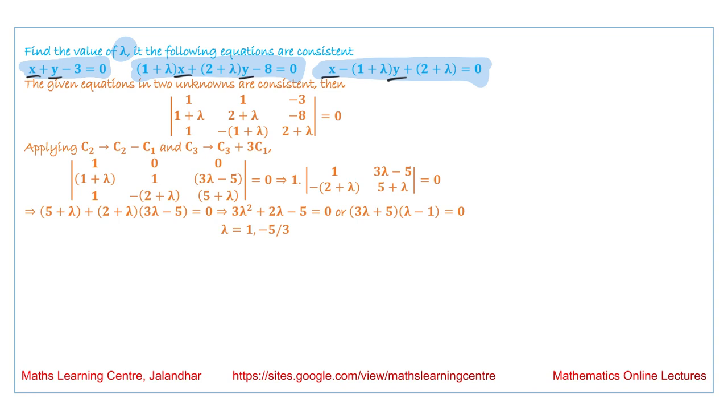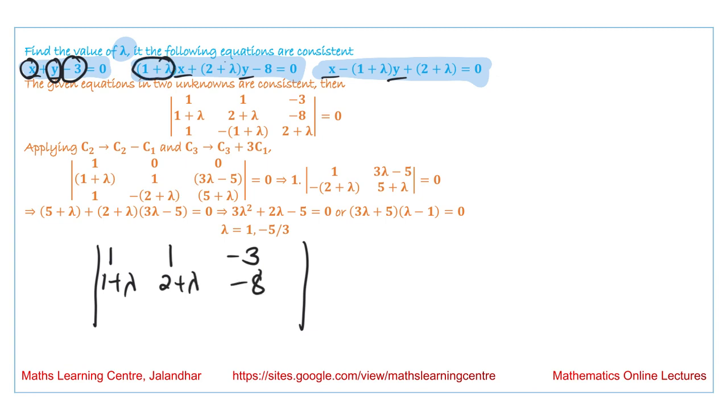So we know that the condition for consistency is that the determinant with rows 1, 1, minus 3; then 1 plus lambda, 2 plus lambda, minus 8; and last 1, minus of 1 plus lambda, 2 plus lambda, should be equal to 0. Here we are writing the coefficients of x, y and the constant.